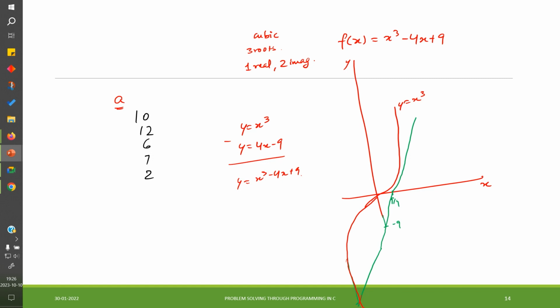We can see that x cube is pretty sharp here, and then we have y equals 4x minus 9, and it will meet up somewhere in the negative part. Now, somewhere is a very fancy word; we have to see where exactly it will meet. Even so, having visualized that it's a negative root, this is good for visualizing where it can have a positive and where it can have a negative root.